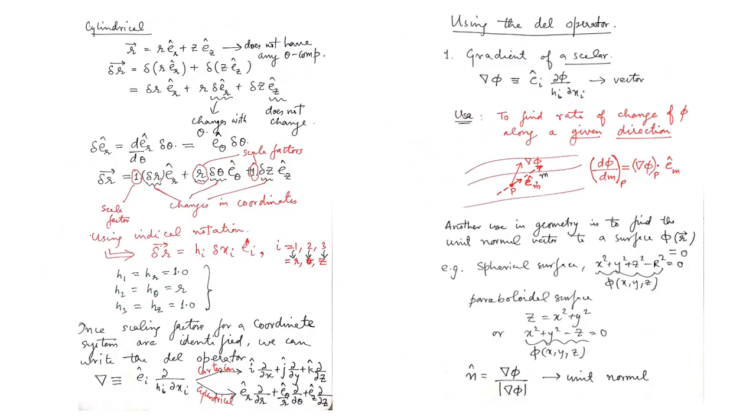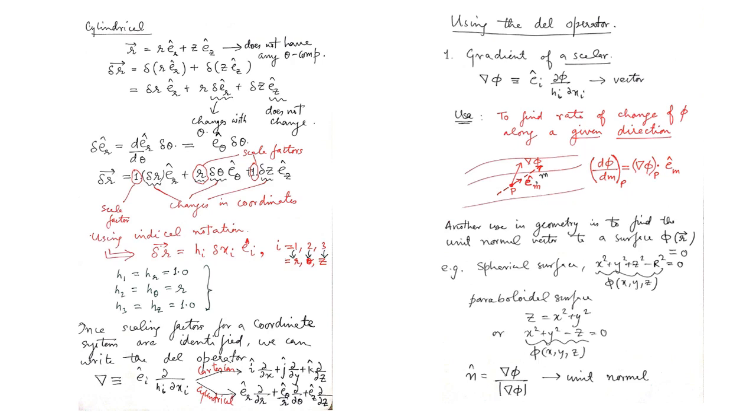Now if you come to cylindrical, the picture slightly changes. Now I again start writing r for the cylindrical coordinates, and you can refer back to my probably third or second lecture where I talked about cylindrical coordinates, and with the diagram I showed that the position vector in cylindrical has no theta component, and you can simply write it as r er plus z ez.